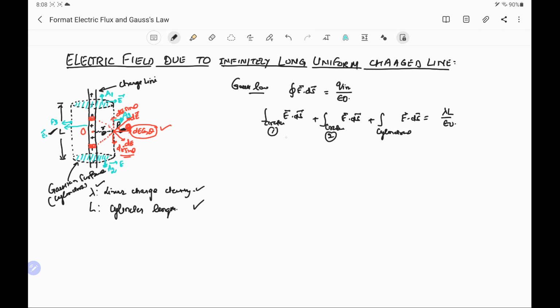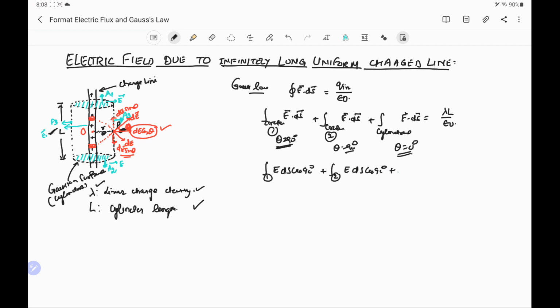Now we check the angle between the electric field and the surface areas. For surface 1, this angle is 90 degrees. Surface 2, it is also again 90 degrees. And for surface 3, this angle is 0 degrees. The integral 1 gives E ds cos 90 degrees, plus integral 2, for the second circular surface, also gives E ds cos 90.